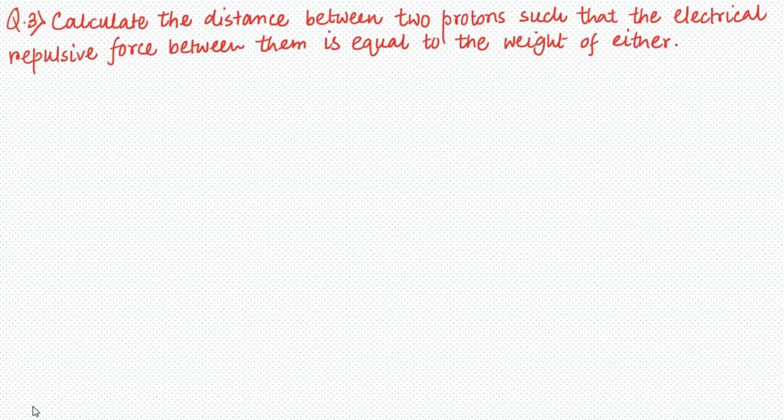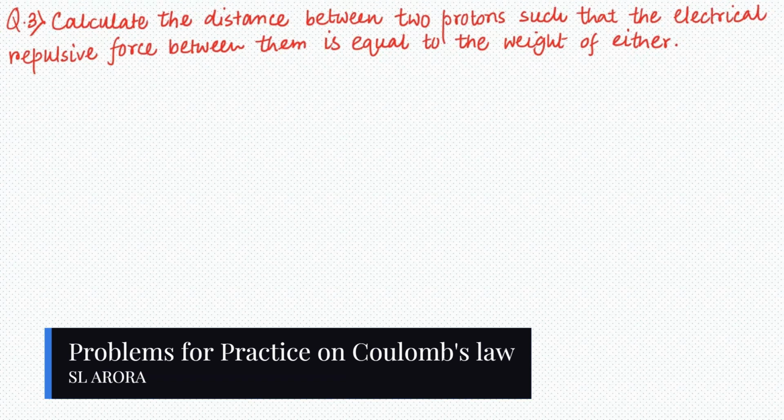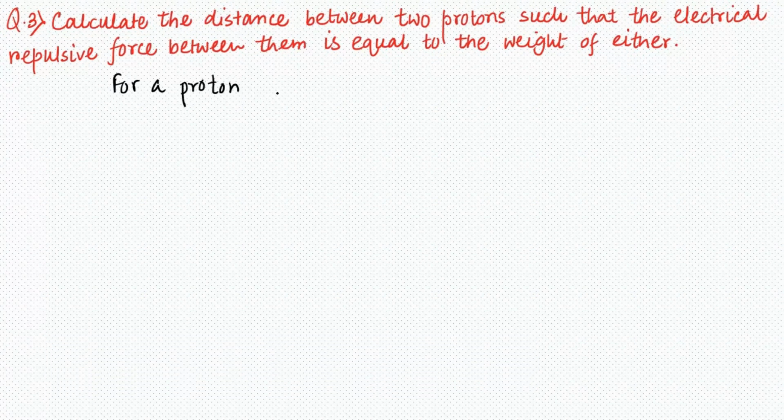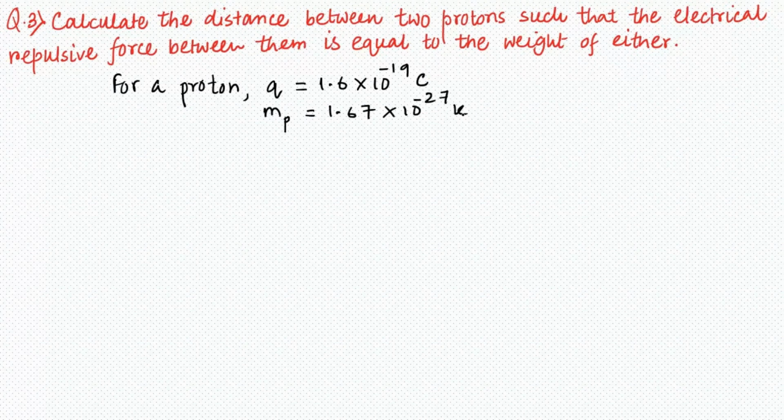Question number 3. Calculate the distance between two protons such that the electrical repulsive force between them is equal to the weight of either. Okay, now we know that for a proton, the charge of a proton is 1.6 into 10 to the power minus 19 coulomb, and the mass of a proton is 1.67 into 10 to the power minus 27 kg.